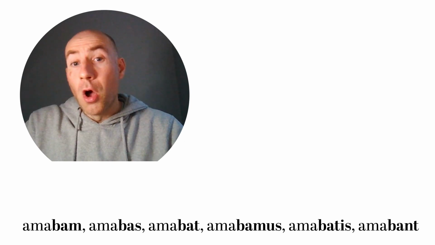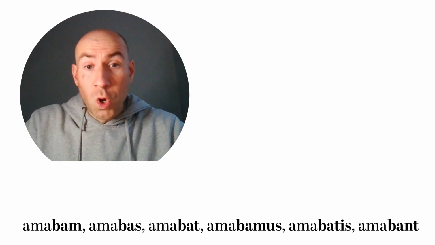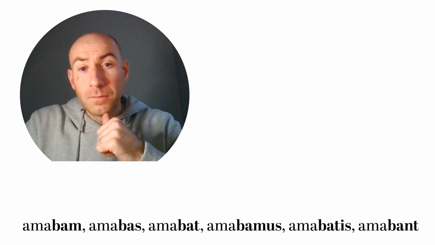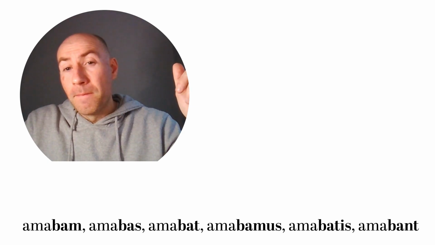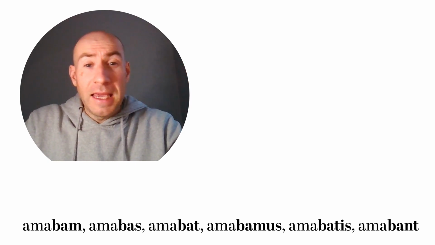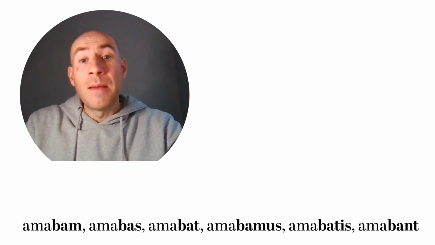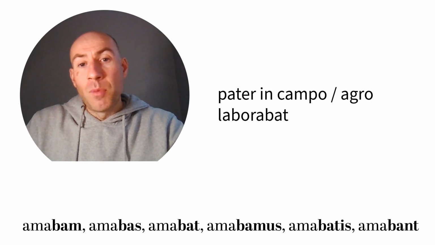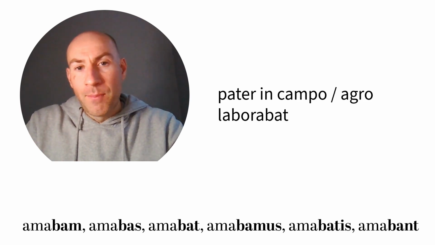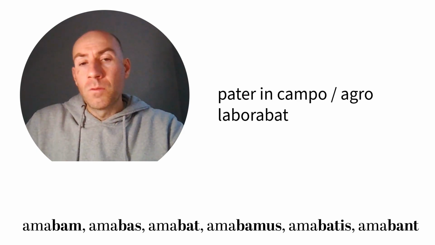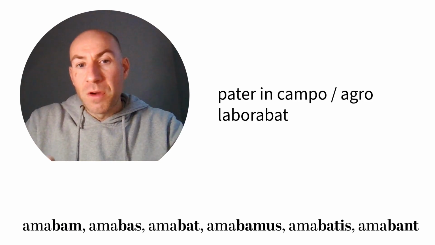Father, what did I say? Would work, used to work in the field. Pater, in campo or in agro, ablative case, laborabat. Laborabat, and that's actually the main point here. So if you've got the laborabat, that bat, used to work, was working, then that's your imperfect tense.